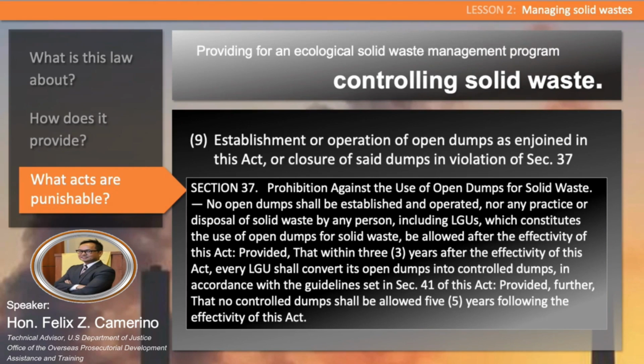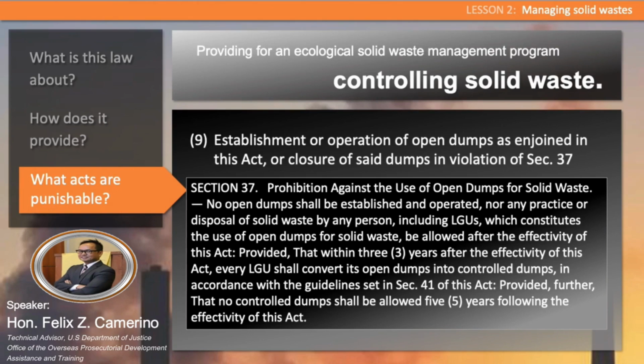That's precisely the case here, because after what I just read, where it says establishing and operating nor using open dump sites are allowed, it goes on to clarify that the effectivity of that prohibition is based on the effectivity of this law. So when this law was put into effect, it became unlawful to establish, operate, and use an open dump.